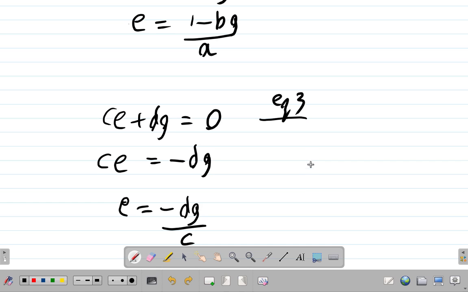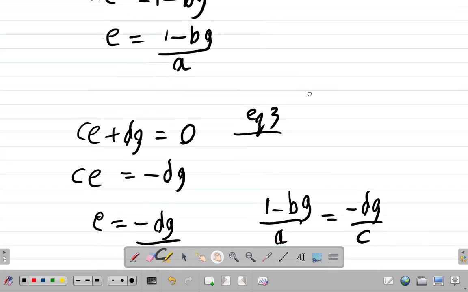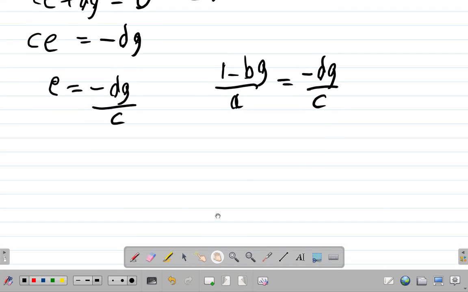So, let us write that down. 1 minus BG divided by A must be equal to negative DG divided by C. You see that? Whoa. I love this.